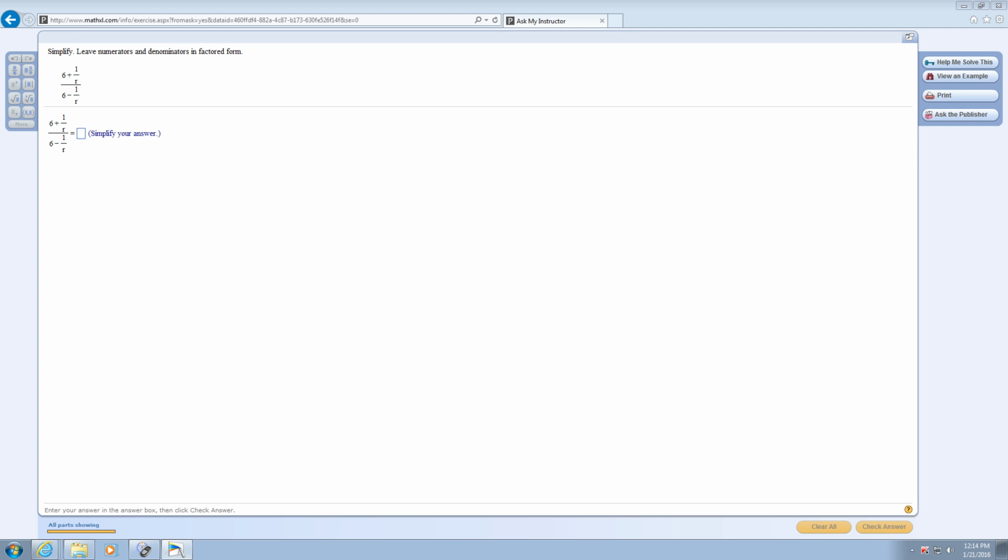I'm going to skip a step. A little r there, r there, r there, r there. That's going to give me 6r plus 1 over 6r minus 1. Real simple. Now they're not always going to be that simple, but maybe we'll skip one on the next one and it'll help you out.